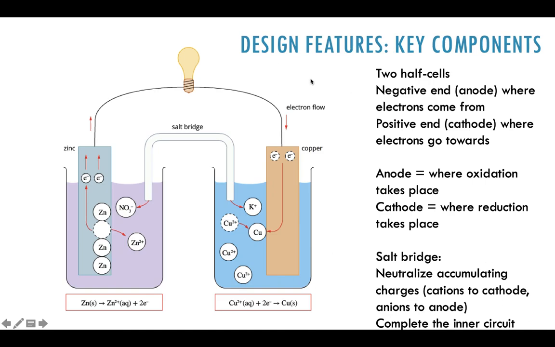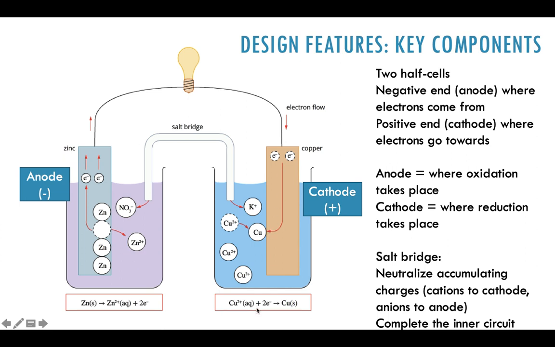So the design features, the key components of a galvanic cell, are as follows. First of all, you have two half cells, the negative half and the positive half. Here we must remember that the anode is defined as where oxidation happens. Since zinc is losing electrons to become zinc cation, this part is the oxidation half cell, and therefore this is the anode.